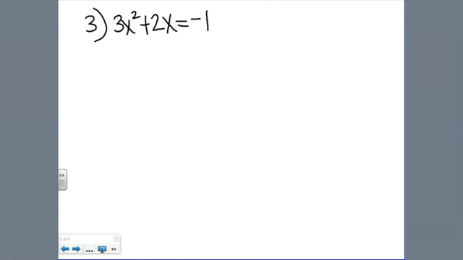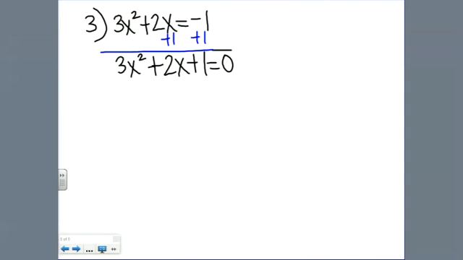So that means move the negative 1 to the left side by adding 1 to both sides. So we now have 3x squared plus 2x plus 1 equal to 0.